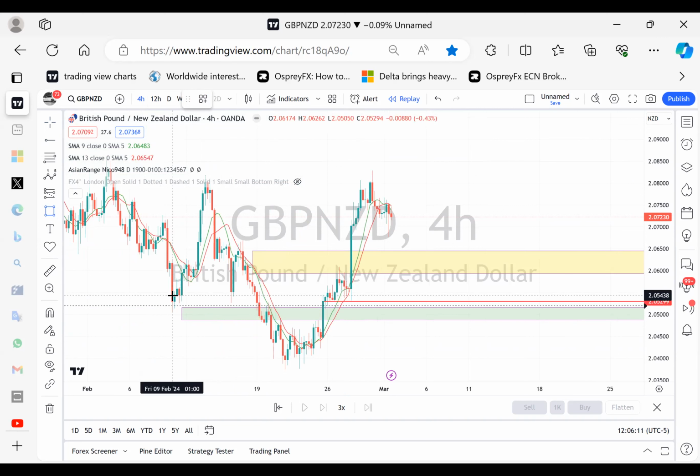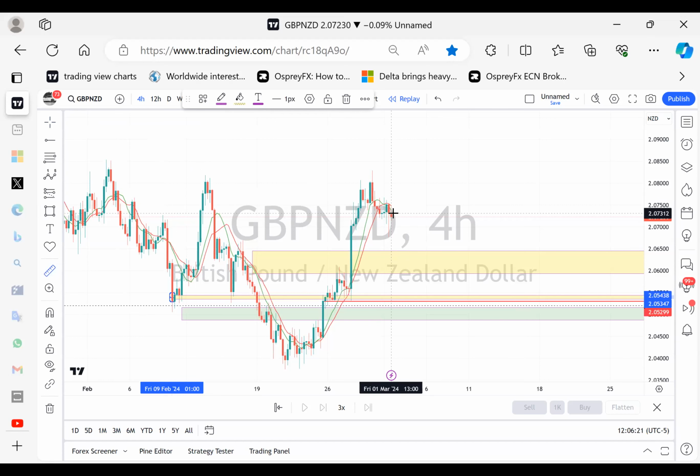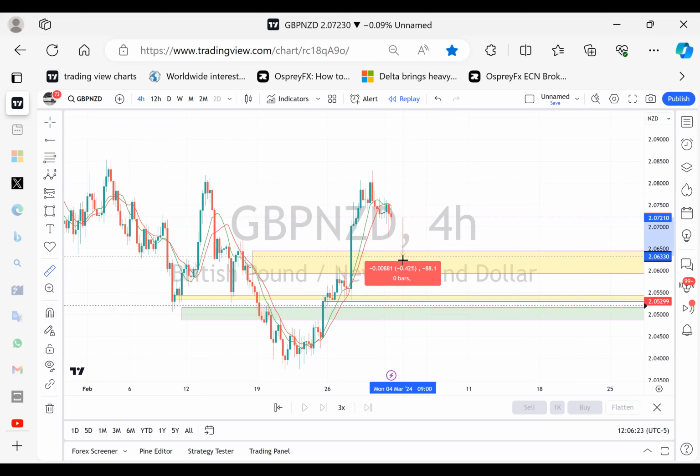But this might be one of them super key levels for y'all to trade. If that's the case, from where price is right now, you've got about 130, 140 pips to close this imbalance and tap into that order block.